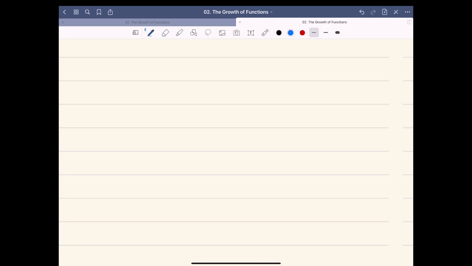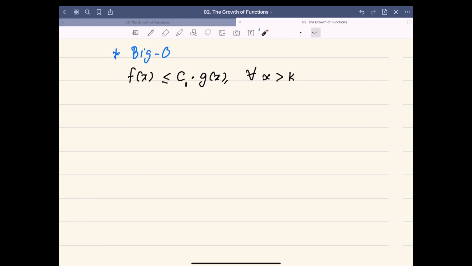First, we write the basic definition for big O. The definition is f of x less than or equal to c multiplied by g of x for all x greater than k. We will label the constant c as c1, as you know that the relationship has two functions and two witnesses.